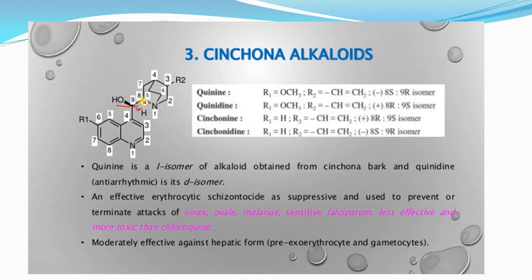This carbon is also chiral because it is substituted with this nitrogen. Here is a methyl, and here is again a methyl, but this methyl is substituted with this whole group. That's why this 8 number is also chiral in nature.